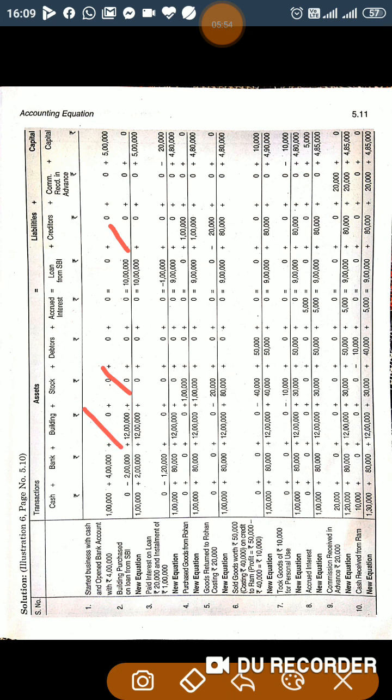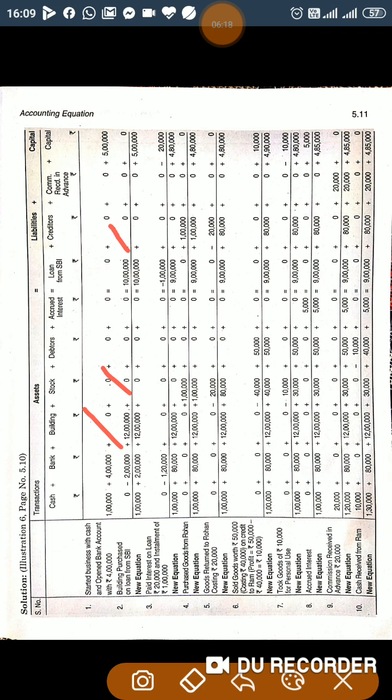So minus 2 lakh from the bank. So now the new equation is cash 1 lakh, bank 2 lakh, building 12 lakh, stock nil, debtors nil, accrued interest nil, loan from SBI 10 lakh, creditors nil, commission received in advance nil, capital is 5 lakh.